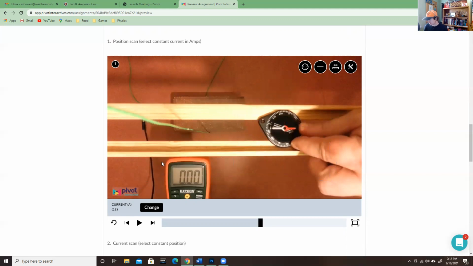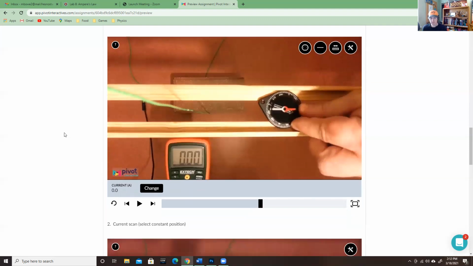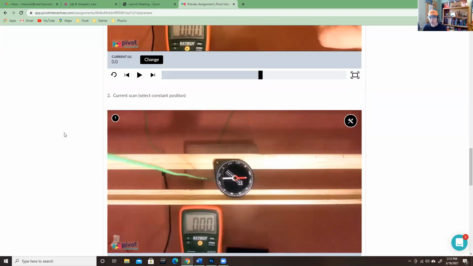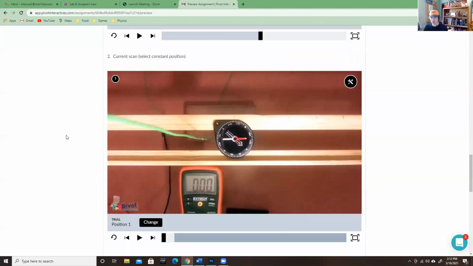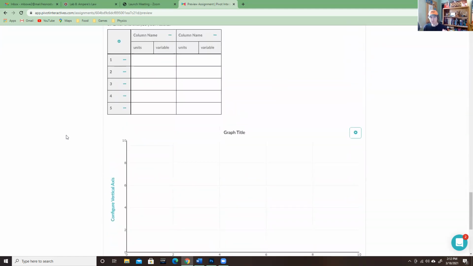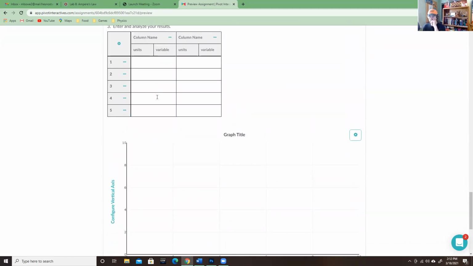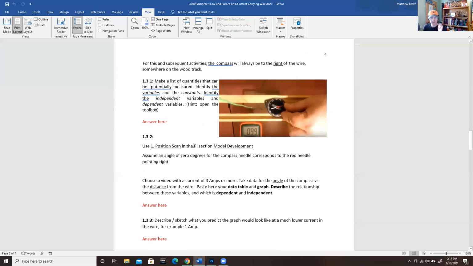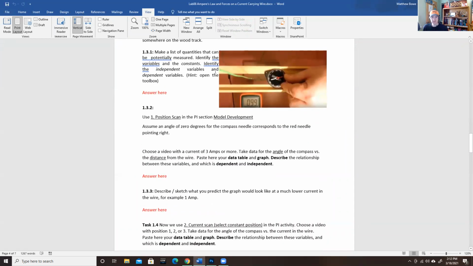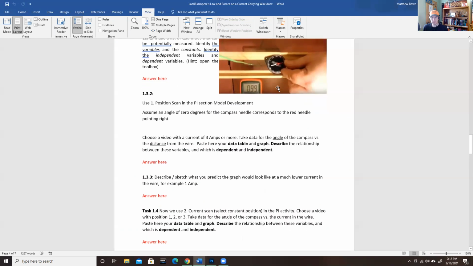With those measurements that you get, you're going to take them and you can graph them. You could graph them in Excel if you want, or down here at the bottom, there's a graphing tool for us to use. Okay, let me go back to the instructions. Okay, so that, we're going to graph.